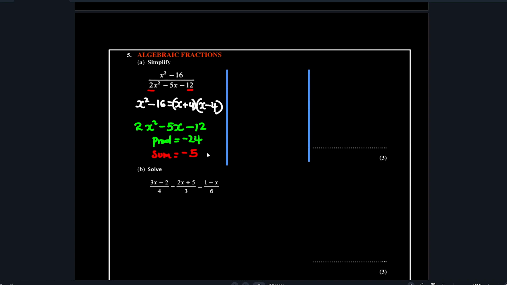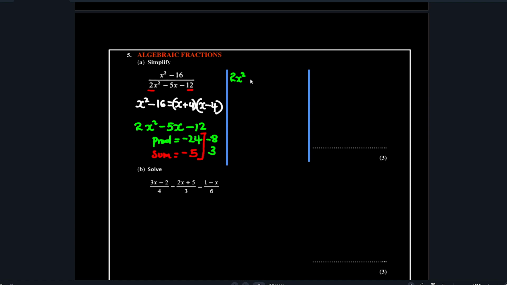Which two numbers, if you add them, you get -5, but if you multiply them, you get -24? Try to think which numbers those are. Those two numbers are -8 and 3, because -8 plus 3 will give you -5, but -8 times 3 will give you -24.